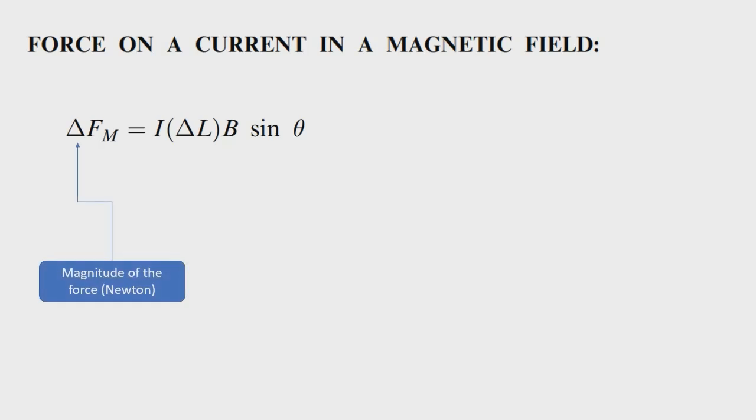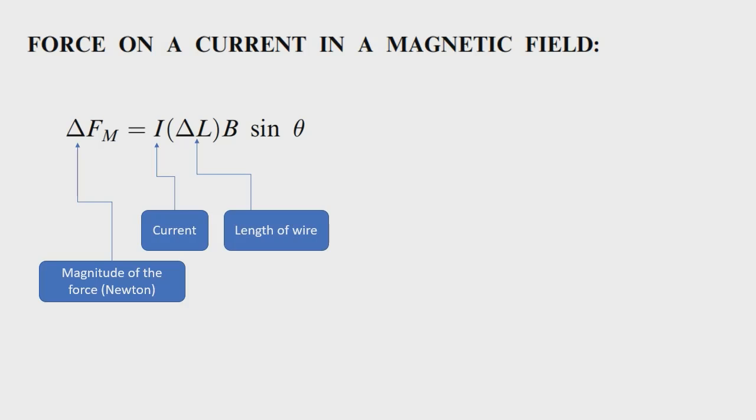The force on a current in a magnetic field is given by the equation delta F sub m is equal to I times delta L times B times sine theta, where delta F sub m is the magnitude of the force in Newtons, and I is the current.